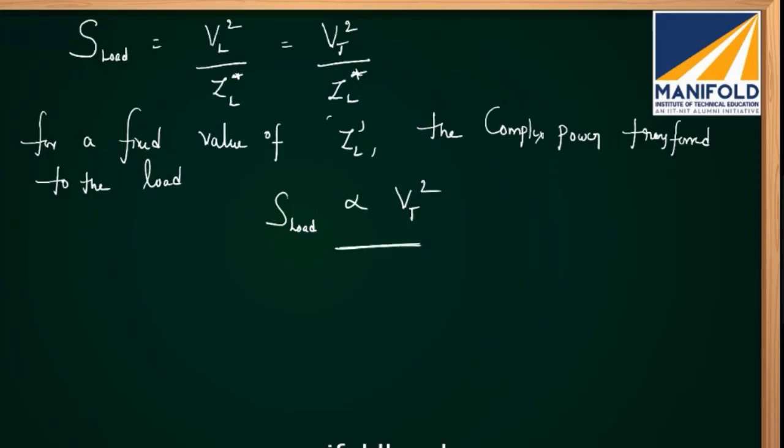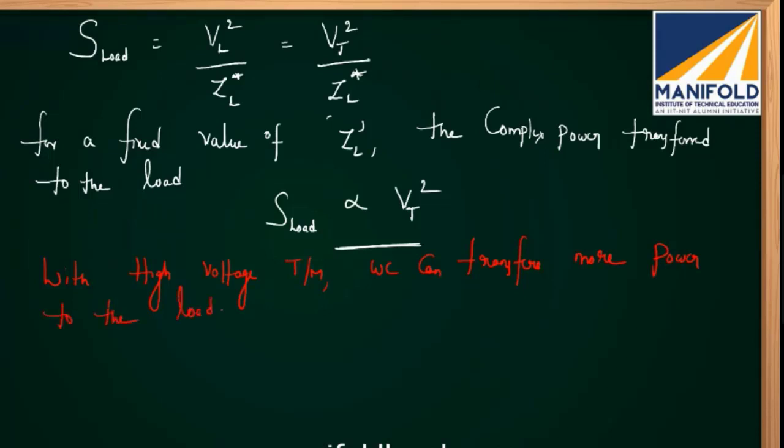Square of transmission voltage. That means, what is the point? With high voltage transmission, we can transfer more power to the load. Mainly, we will study in the coming classes that transmission lines are mainly used to transfer real power.